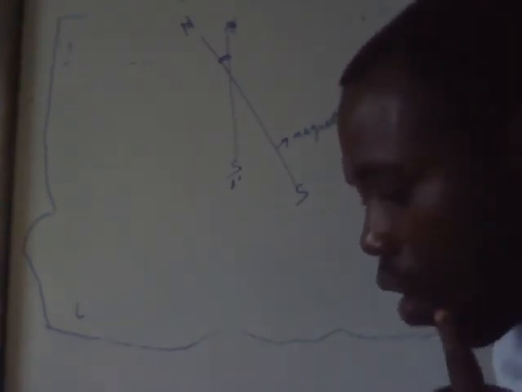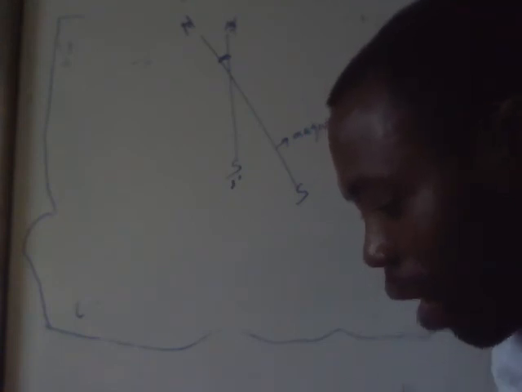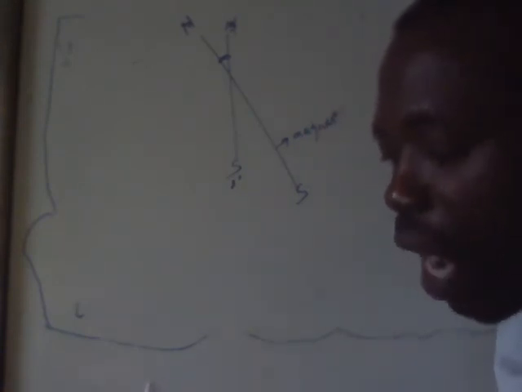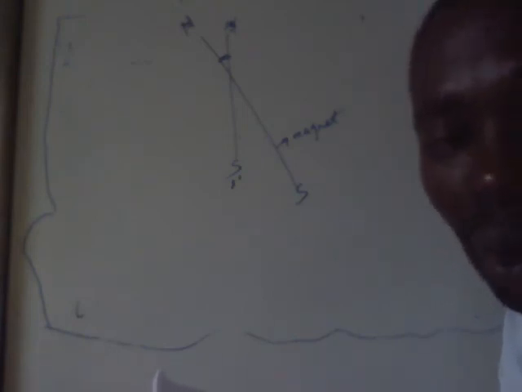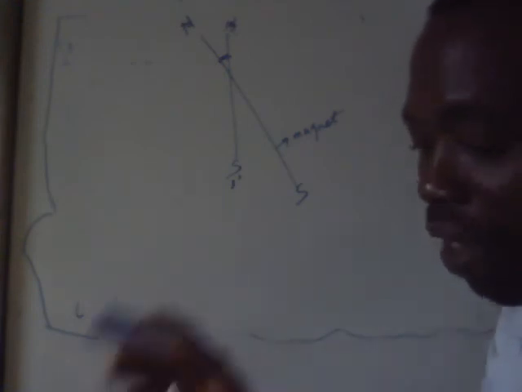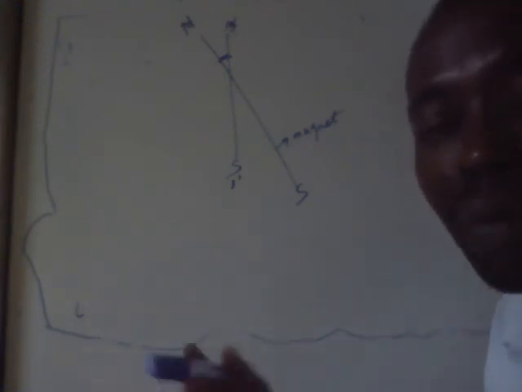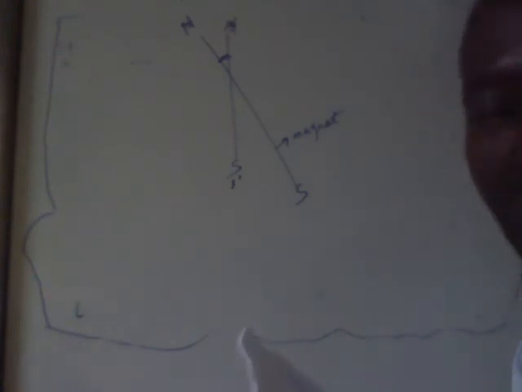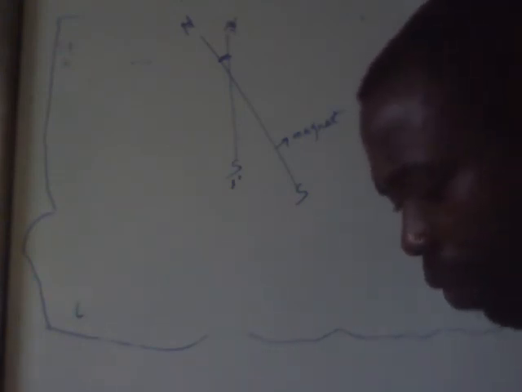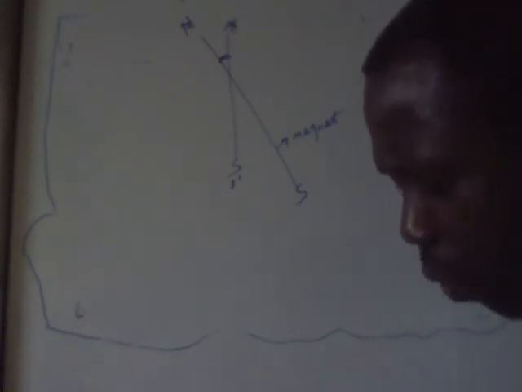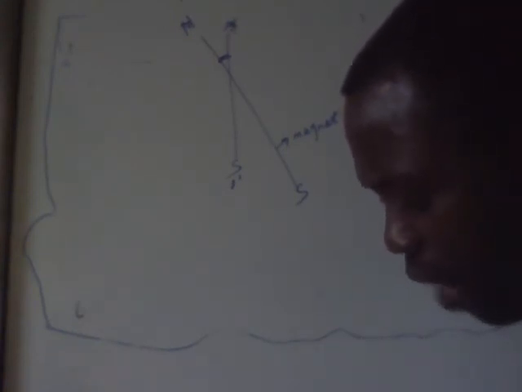Now we go to the vertical component of the Earth's magnetic field. The Earth's magnetic field can be resolved into a vertical component and a horizontal component. One will be B sine theta, the other will be B cos theta. So Roman figure 2, vertical component of the Earth's magnetic field, is correct.